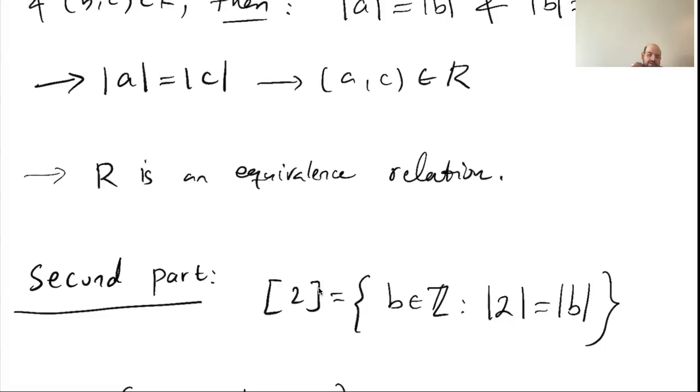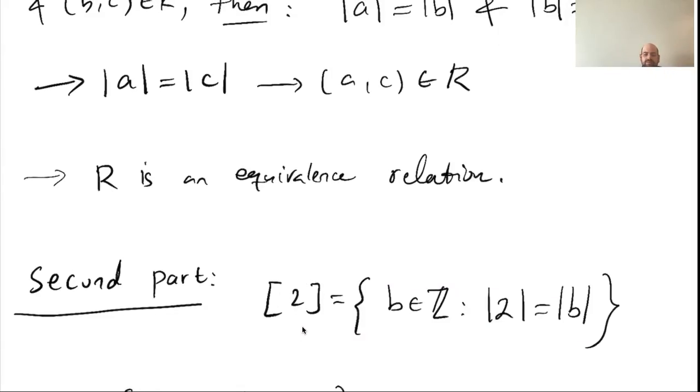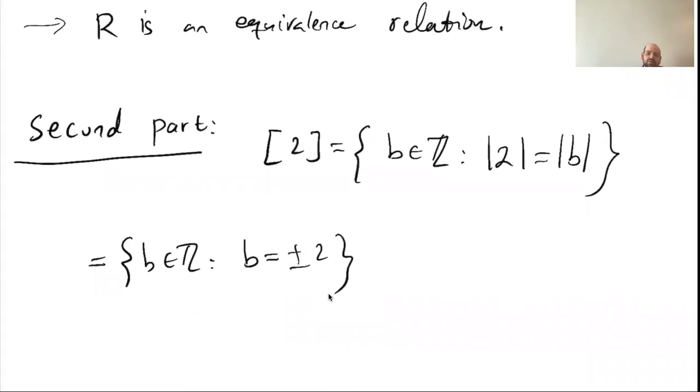So which elements are in relation with 2? All elements whose absolute value is equal to the absolute value of this element, which is |2|, which is 2 itself. Now, |b| equals 2 is a very simple equation. |b| equals 2 means that b is equal to either 2 or -2. Well, this just means a set with 2 elements, 2 and -2.